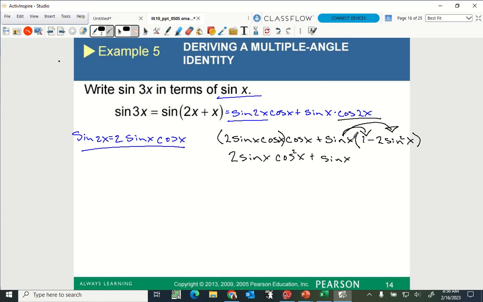And then sine x times negative 2 sine squared is going to be a negative 2 sine cubed x. Yes? Okay.